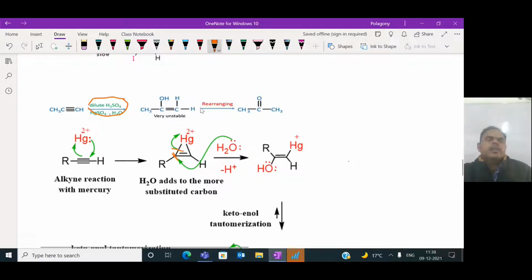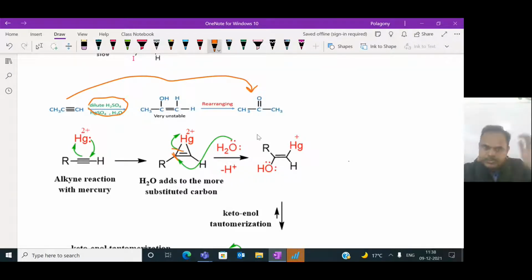That means, simply, when alkyne hydrocarbons are subjected to acidic hydrolysis, we get carbonyl compounds. Propyne is changed into a ketone, a carbonyl compound.